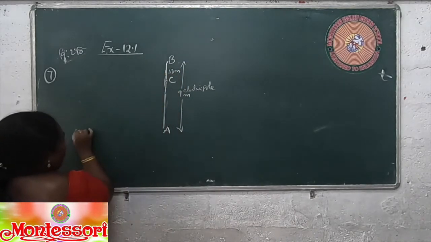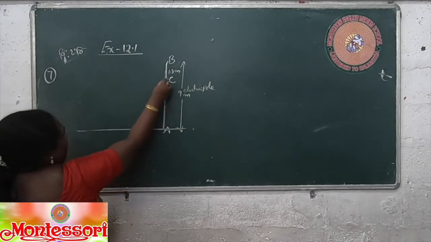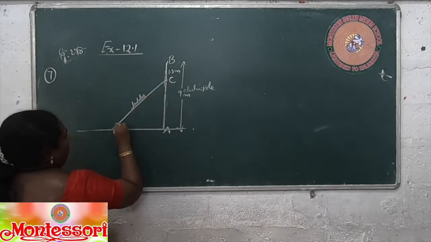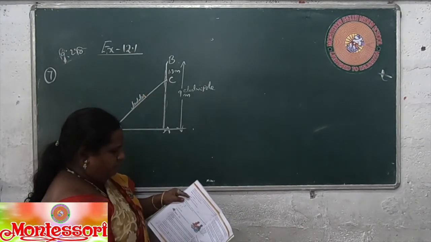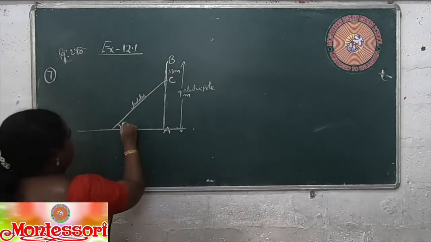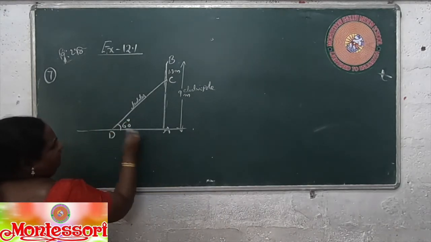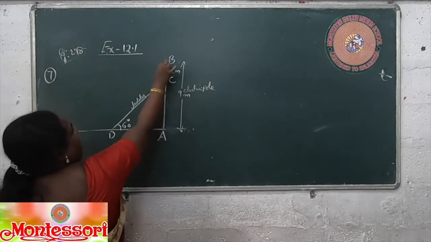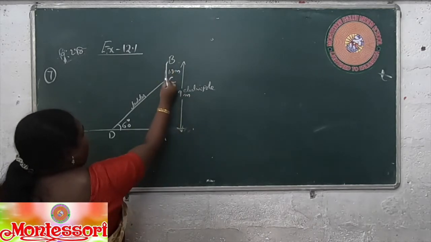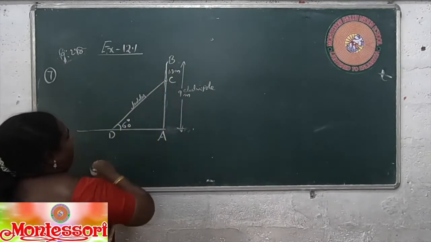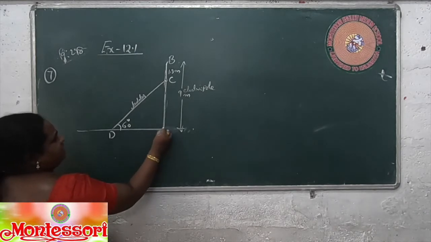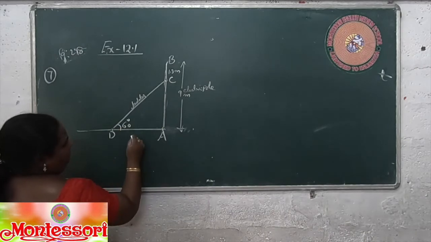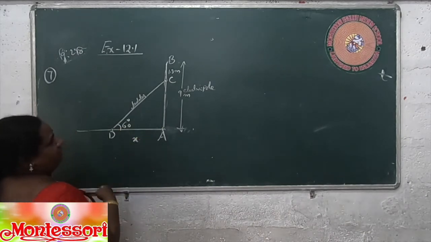Then this is the base, and he will put the ladder like this. It is making an angle of 60 degrees. Then I mark it as D. So AB is the pole, actually 9 meters in length. BC is the reduced height, and CD is the length of the ladder. AD is the distance between the foot of the pole and the foot of the ladder. Now this also I want. I will mark it as x.